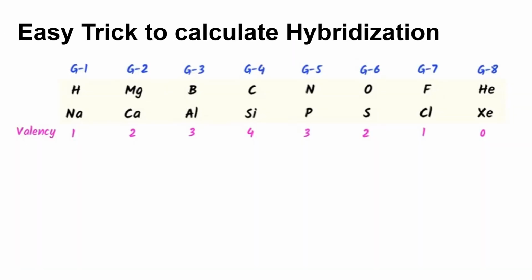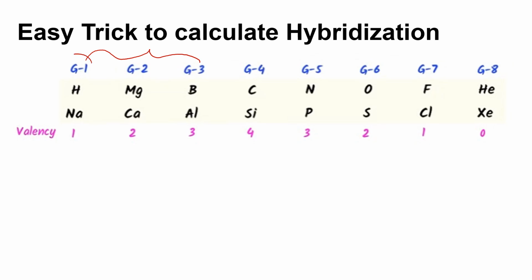To easily calculate hybridization, we need to also have a trick to calculate the lone pairs of the central atom. So we have this in your periodic table, and we can easily see the valency of the atoms according to the group numbers. So for group numbers 1 to 3, whatever their group number is, that is also their valency.